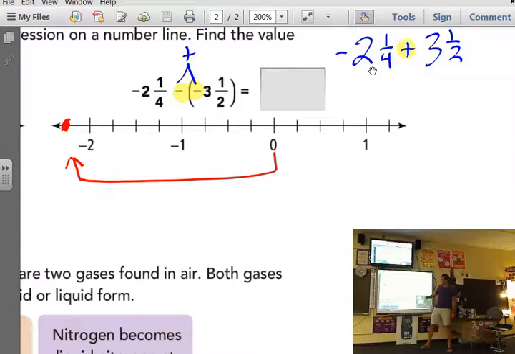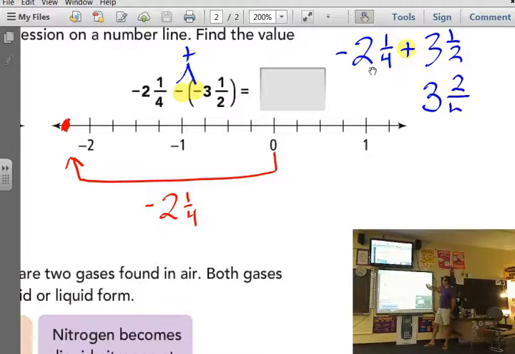Then, now I'm adding. So Andrew, what direction am I going to go since I'm adding? You're going to go to the right, but you need to simplify the fraction so it's easier to add. What do you mean? Since it's not 2/4. So I can change 3 1/2 to 3 2/4.